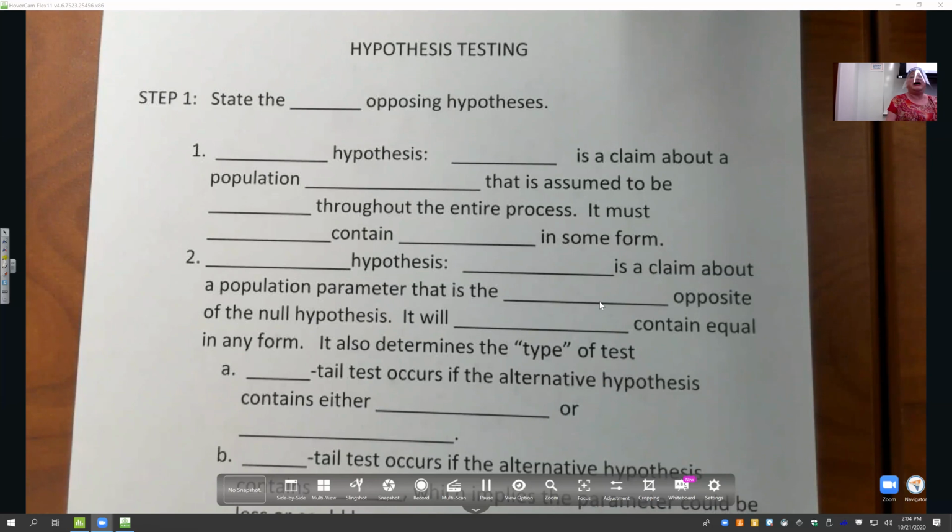But oftentimes when you pose a question like that, you may not verbalize it, you may not write it down, but you probably have, at least in your mind, a possible answer to that question. I could say, I believe that the average age of a GHC student in fall 2020 is 23. And that's kind of my prediction or my educated guess. So that's like having a hypothesis.